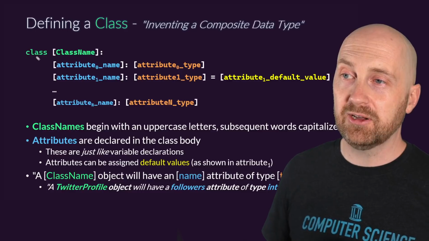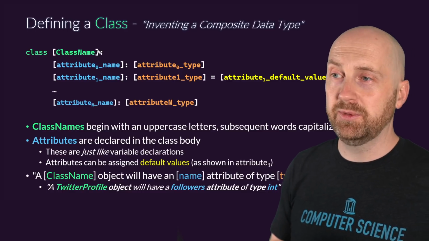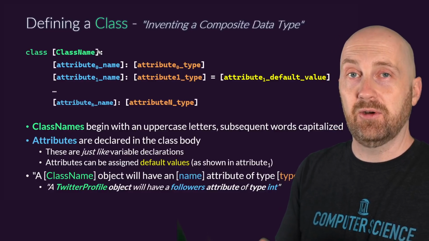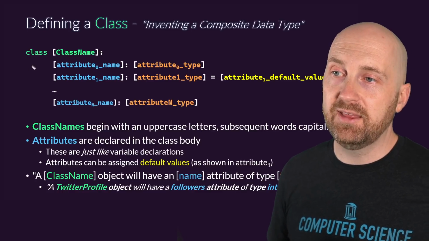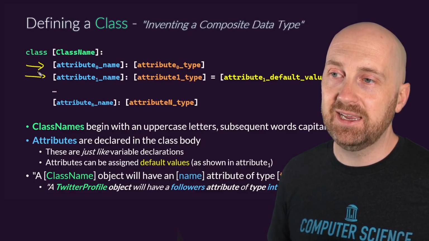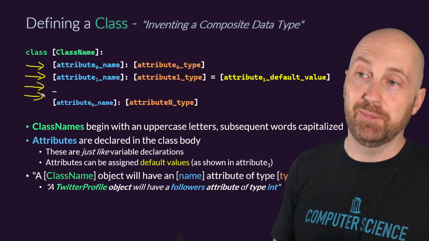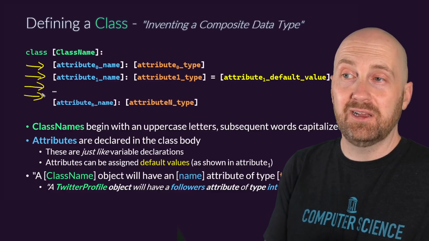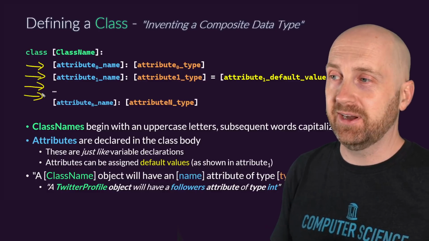So we define our class by giving it a name. And then, as is common in Python, when we're making some statement in our programs, we'll give a colon and then we will indent to indicate that whatever comes next is in the body of this class and belongs to this class. What we're about to do is declare our attributes, and the attribute names are identifiers.